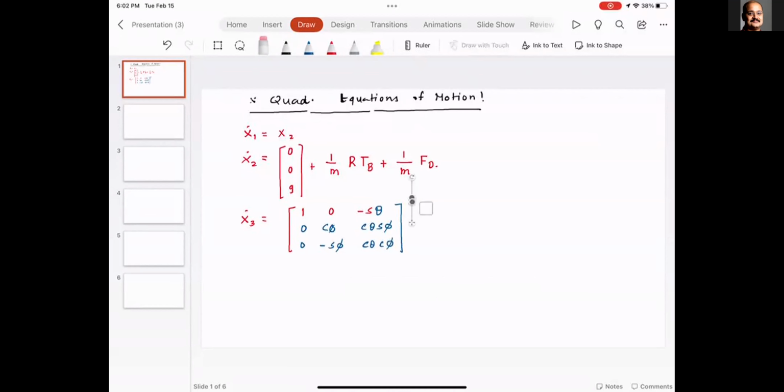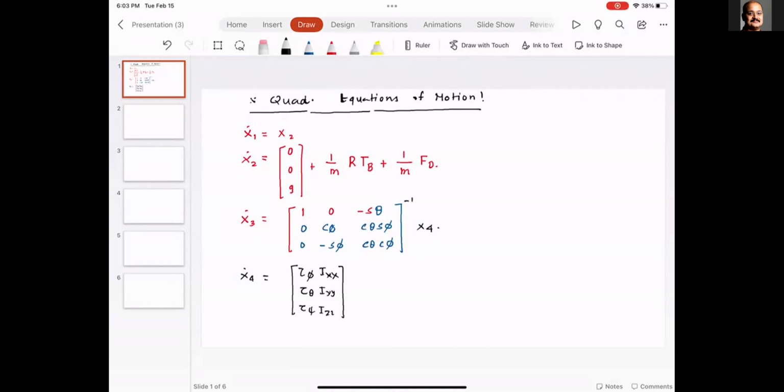And this is inverted, multiplied by x4 dot is equal to torque in phi direction multiplied by Iyy, torque in theta direction. Sorry, this first is Ixx, second one is Iyy, third one is torque and Izz.